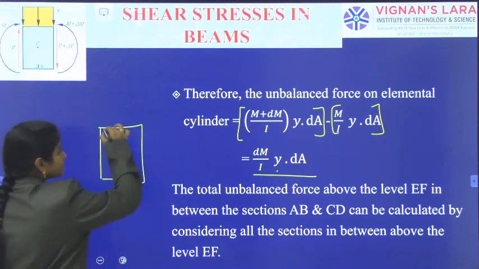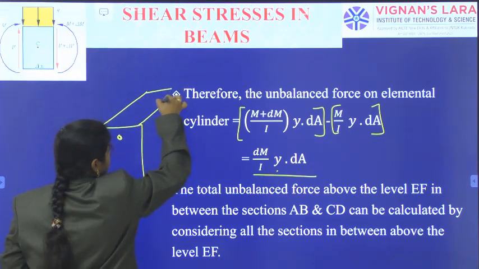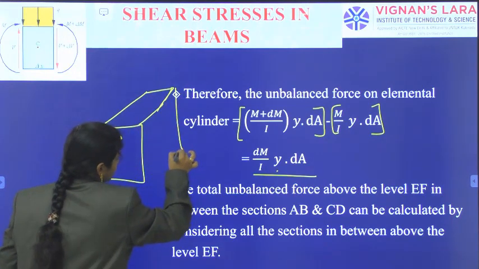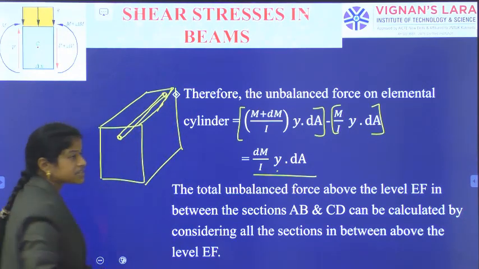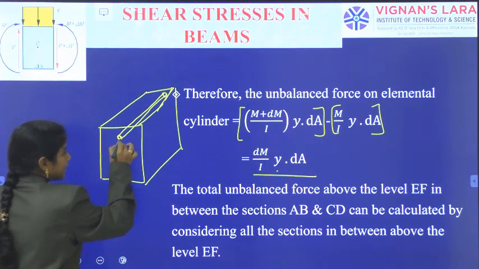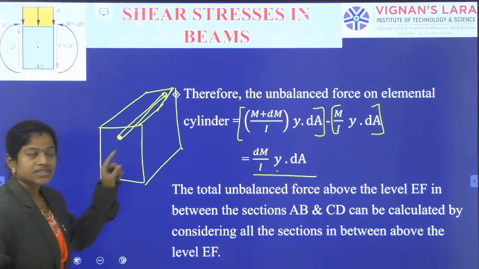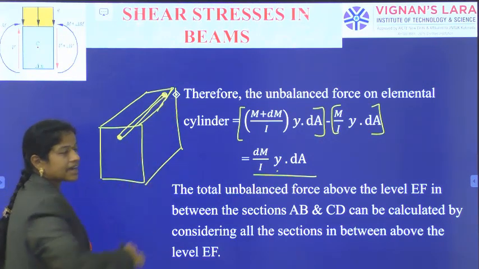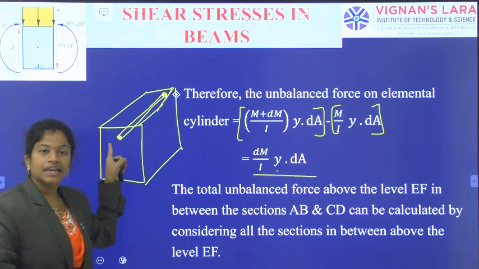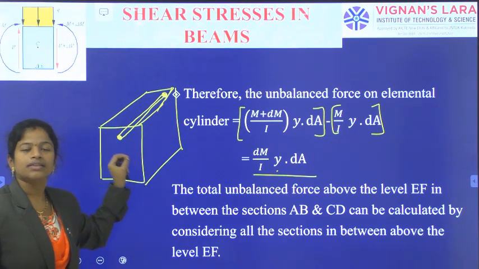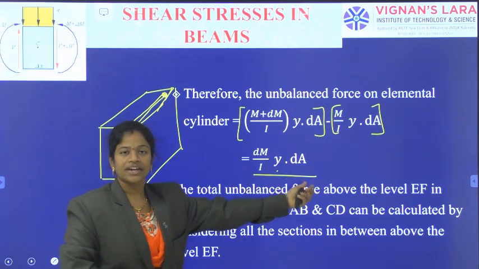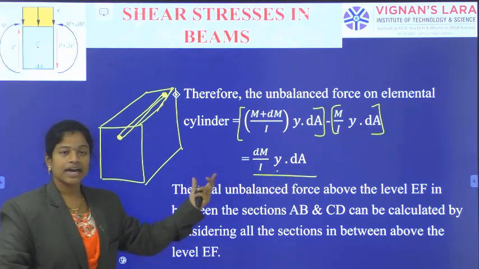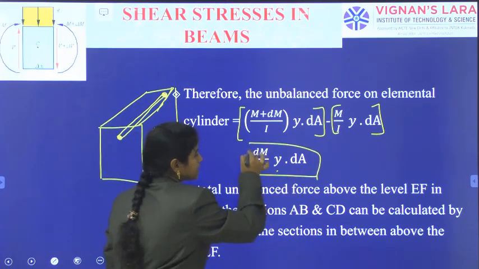Considering only one cylinder, at one end we apply some force and at the other end another force. So on the same elemental cylinder, the net or unbalanced force still acting is dM by I into y into dA. Now the total unbalanced force we have to calculate.